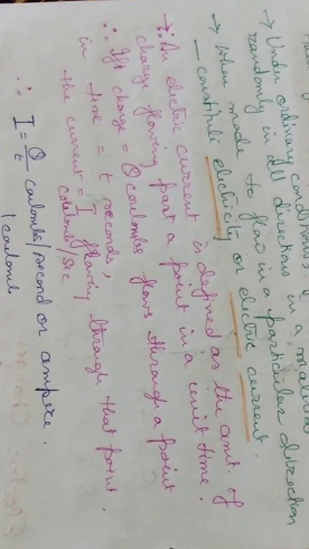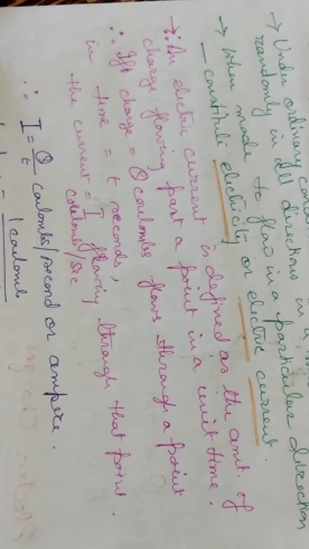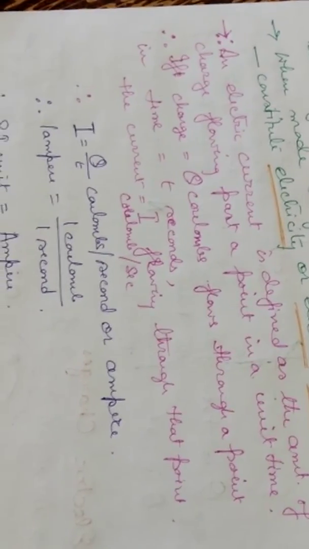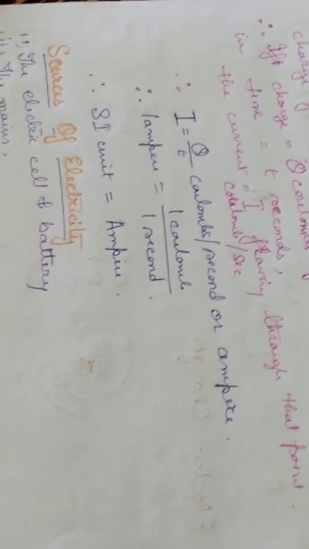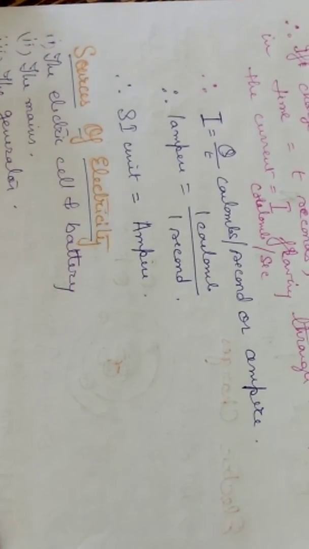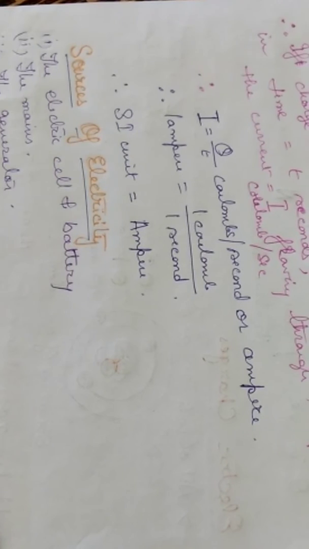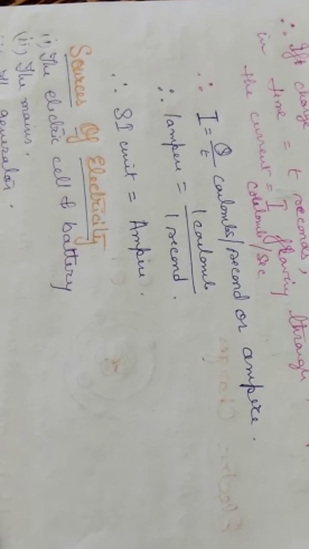Then the current I flowing through that point is Q by t coulomb per second. Coulomb per second is defined as the ampere. So 1 ampere is equal to 1 coulomb by 1 second. The SI unit of current is the ampere.